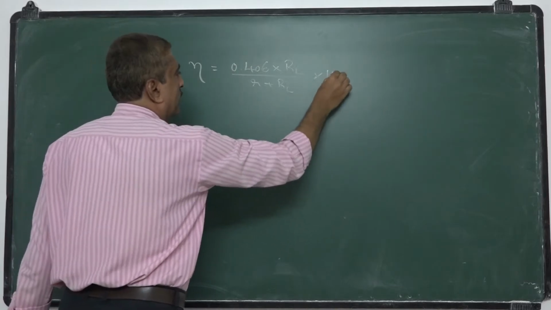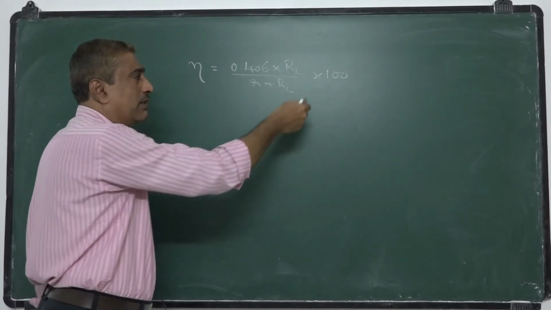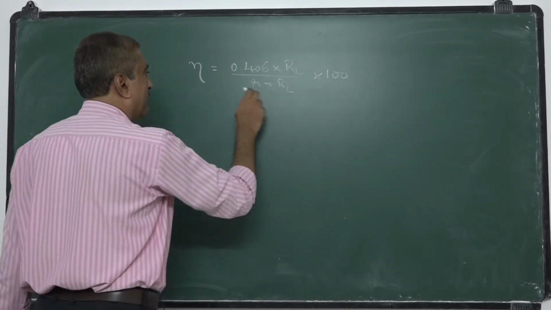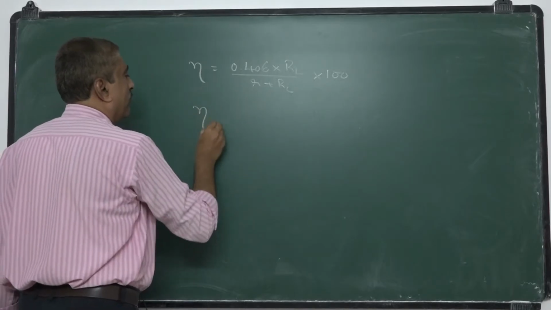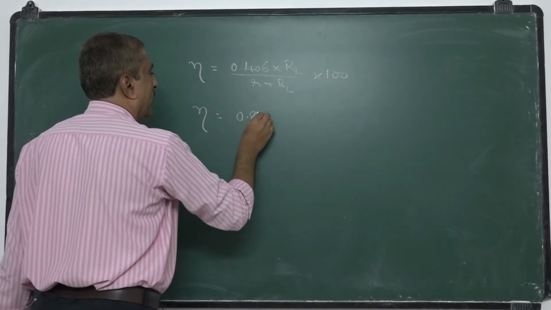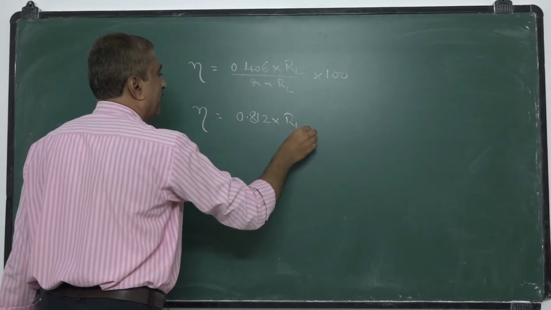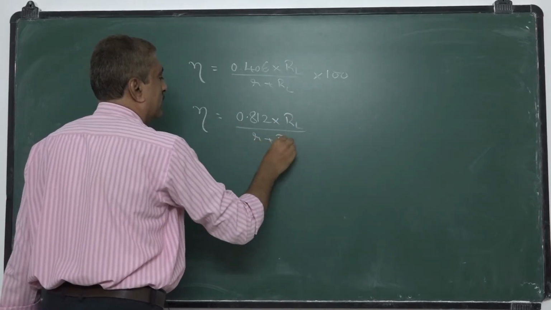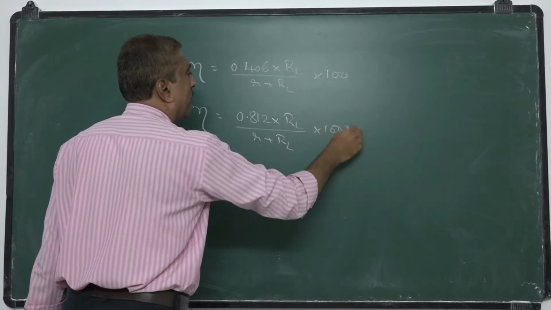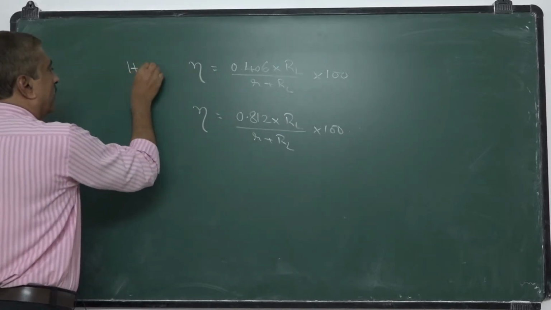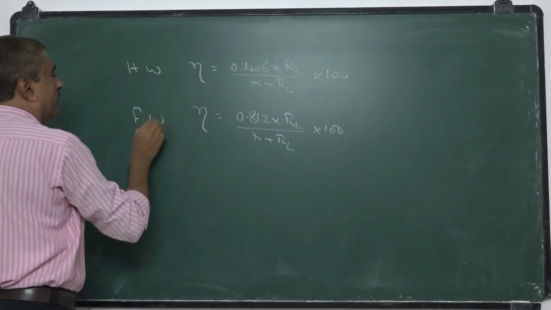If you want it in percentage, you multiply by 100. For a full wave rectifier, the efficiency is 0.812 into RL by (r plus RL).